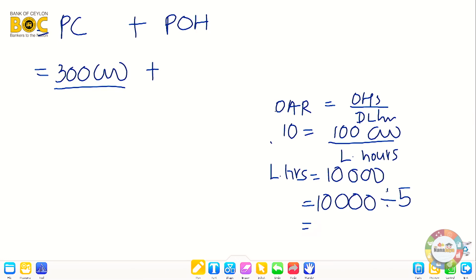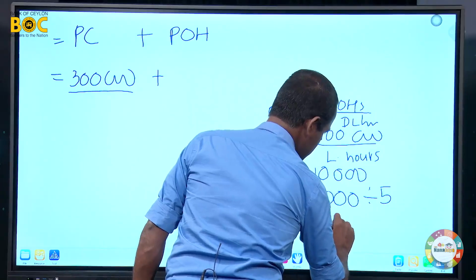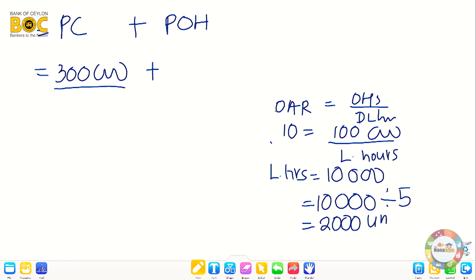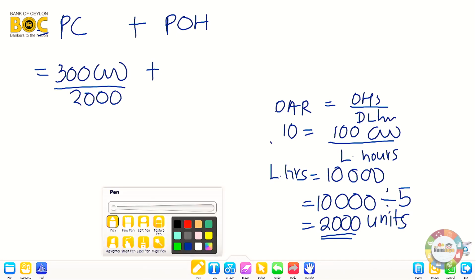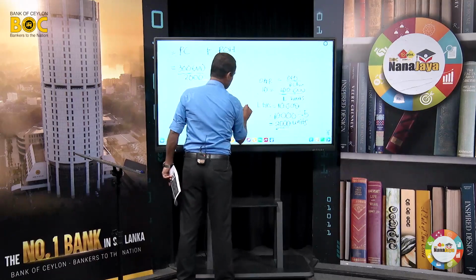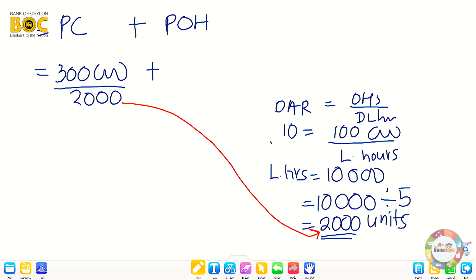So you get production units of 2,000. Then you get prime cost per unit.